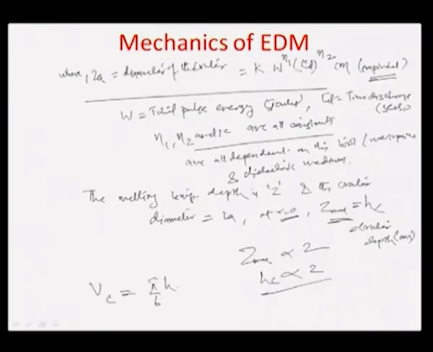So it is pi by 6 Hc times 3a square plus Hc square, in centimeter cube. Let us see how.